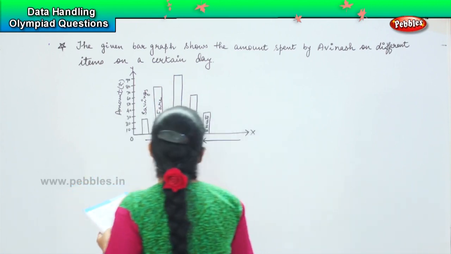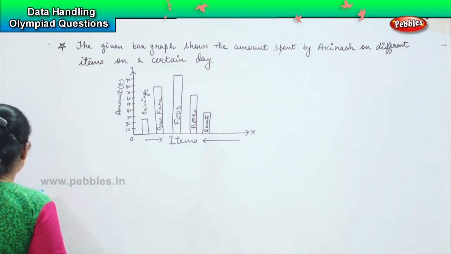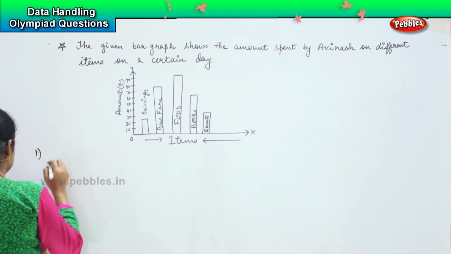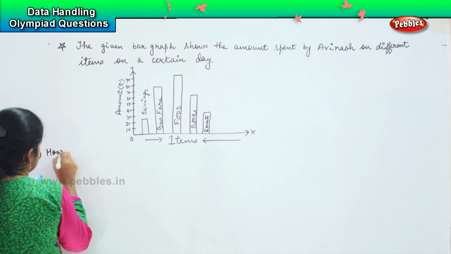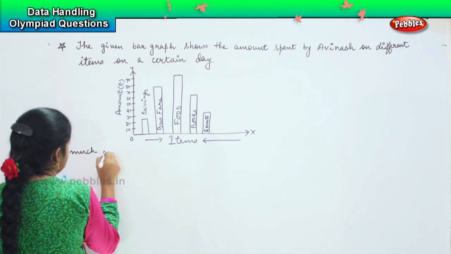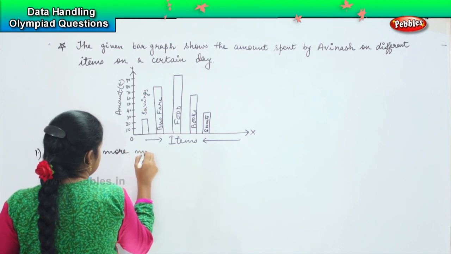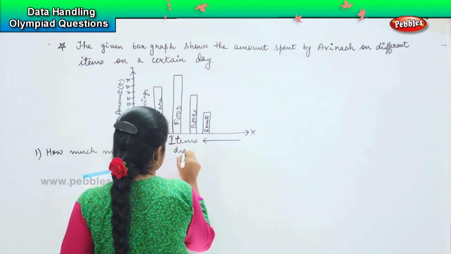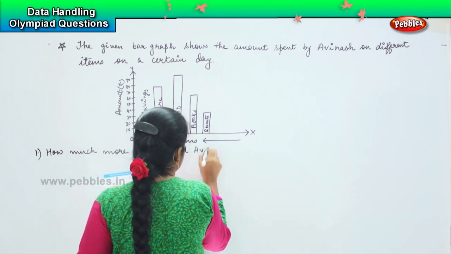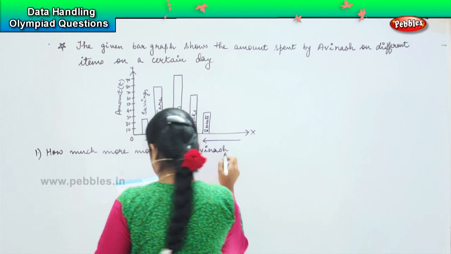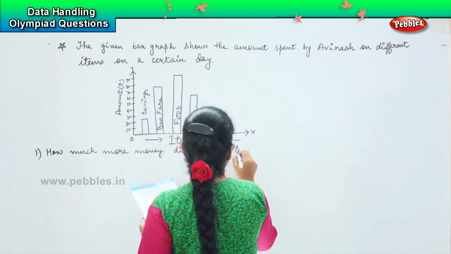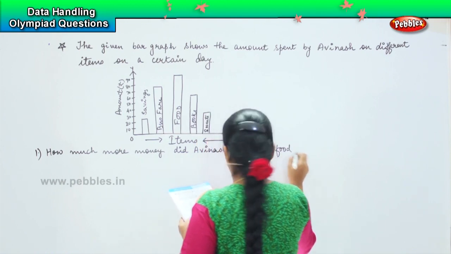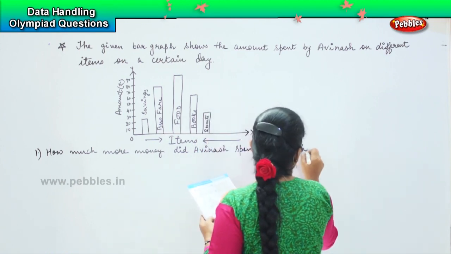Fine. So now we need to answer these questions. The first question asks, how much more money did Avinash spend on food than on books?